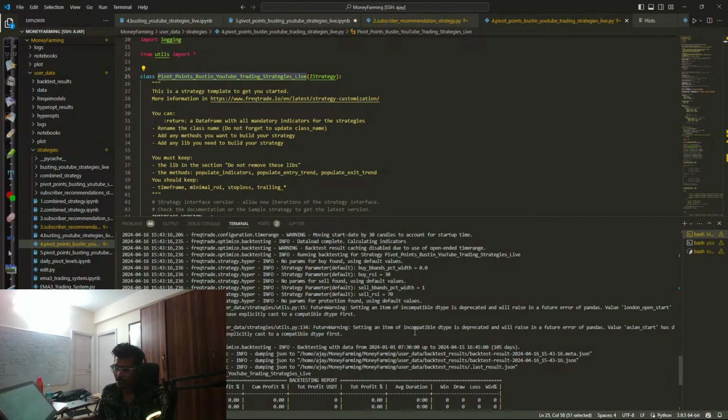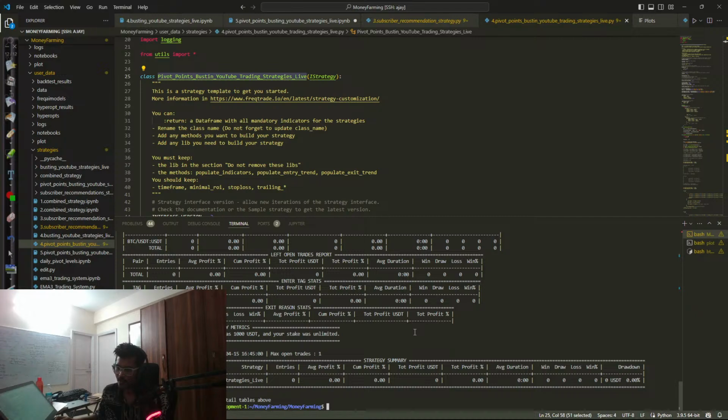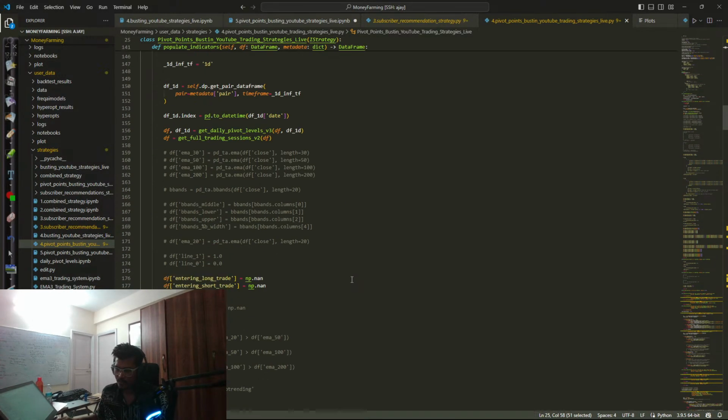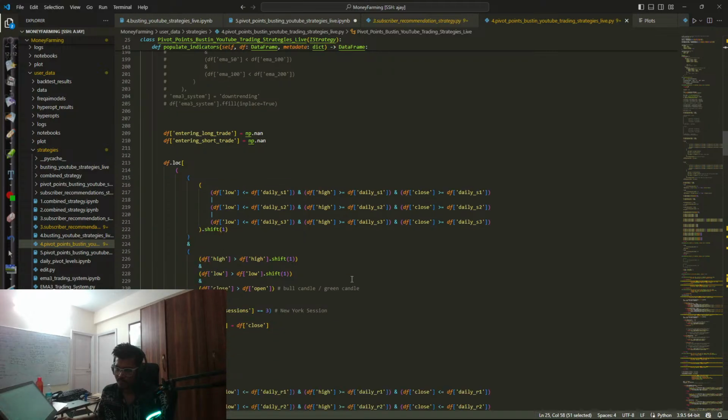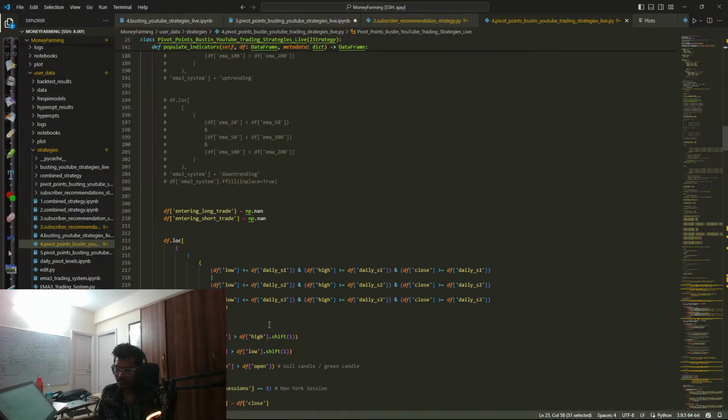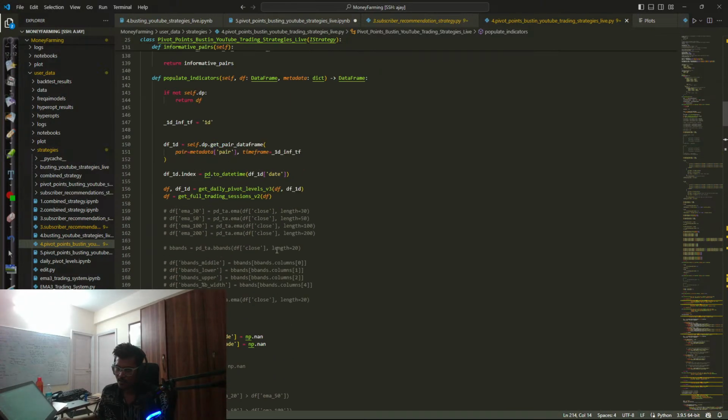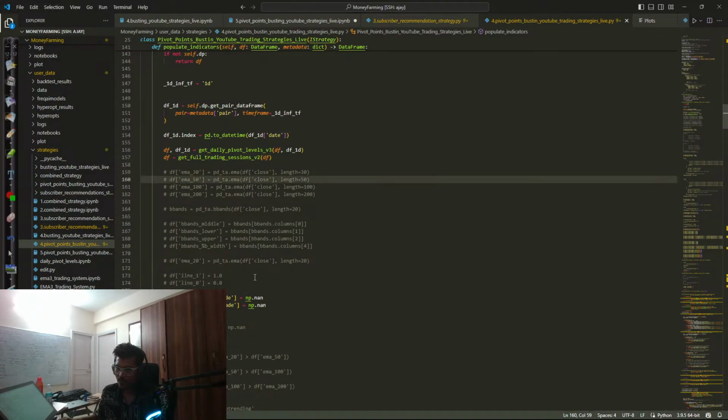Okay, no trade. Why? I think there's some condition problem. Trading sessions, this. Daily S1, S2. Hang on, I'm going to print the data.